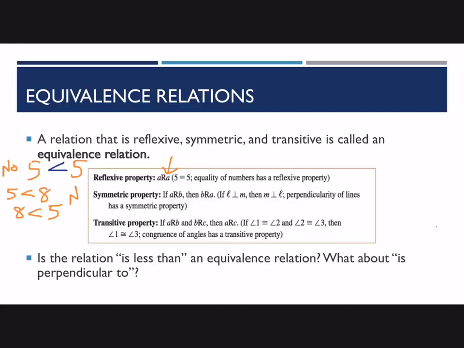And that's definitely a no as well. All right, and then the transitive property, now we're talking about A, B, and C. So we want to start out with two true statements and see if it implies this third one. Okay, so let's do something like if 5 is less than 8 and 8 is less than, let's do 10, does that also mean that 5 is less than 10?